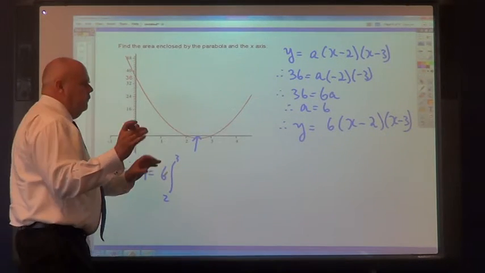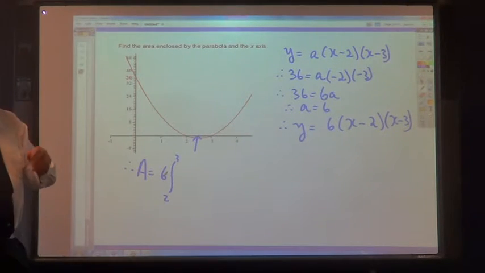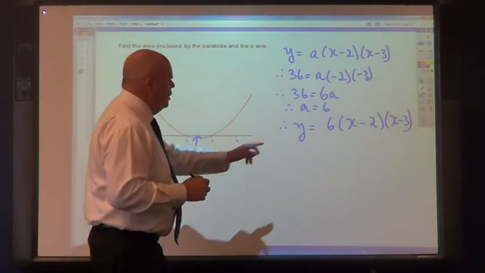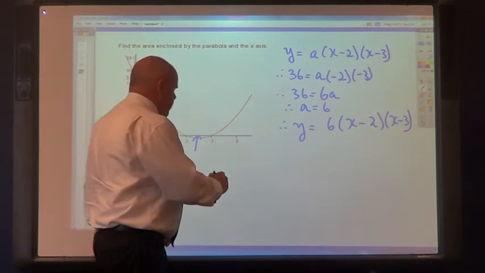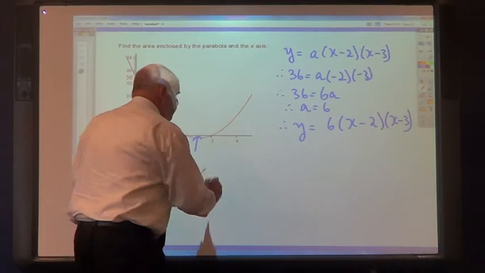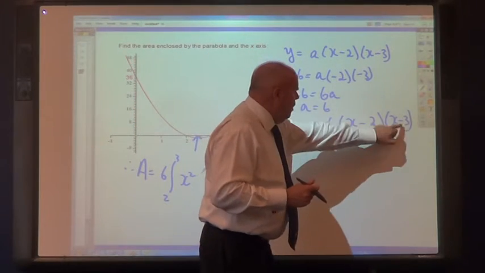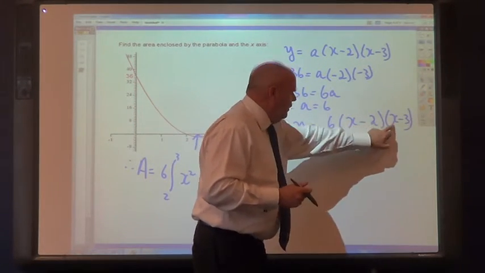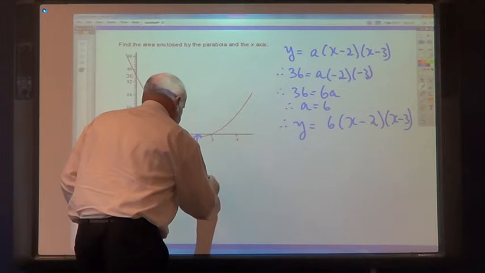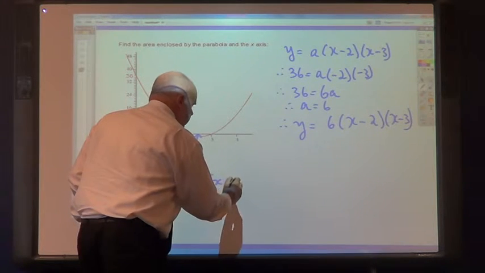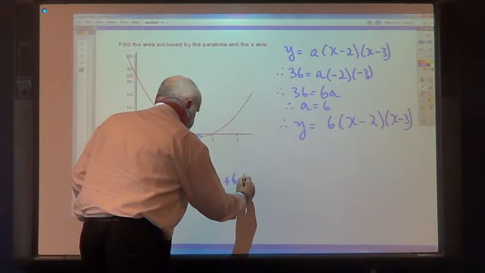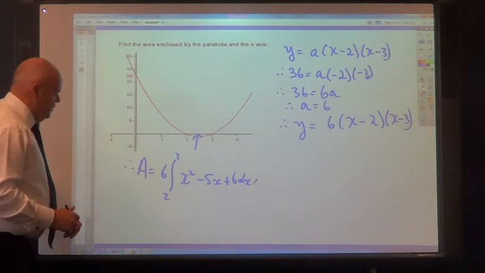Using FOIL, first, outer, inside, last terms, it expands to x squared, minus 3x and then minus another 2x, so it's minus 5x, and the last term is plus 6, and we are integrating with respect to x.